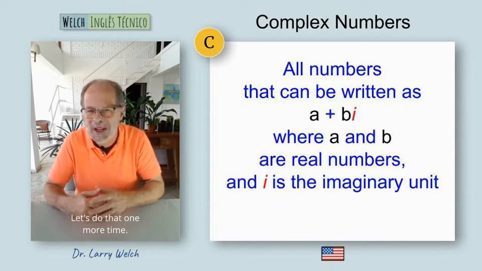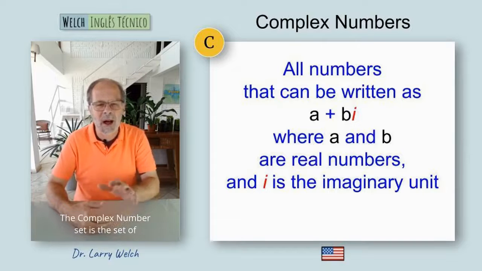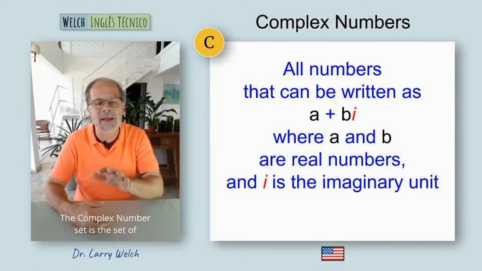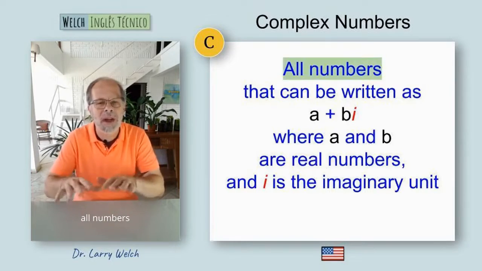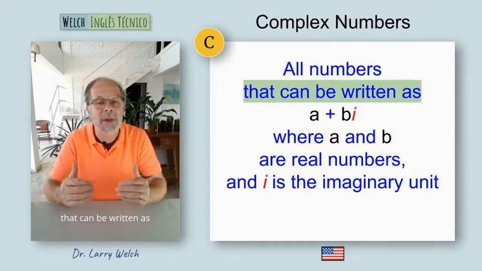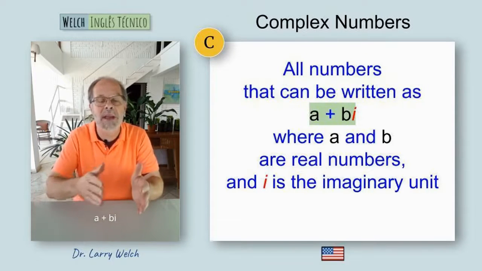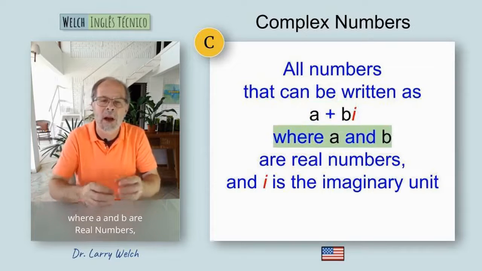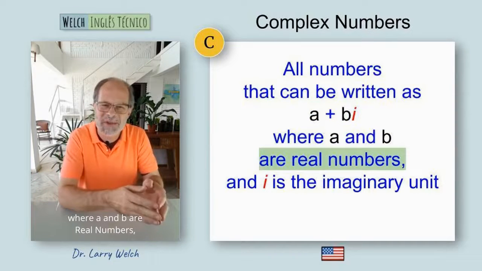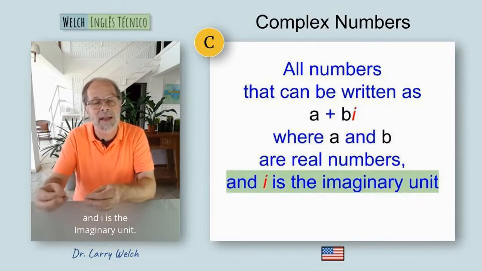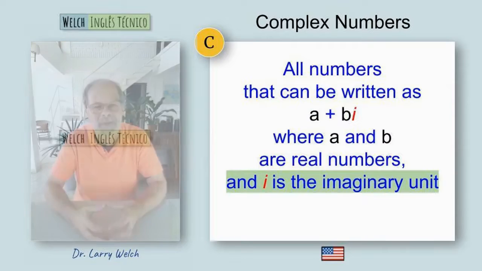Let's do that one more time. The complex number set is the set of all numbers that can be written as a plus bi, where a and b are real numbers and i is the imaginary unit.